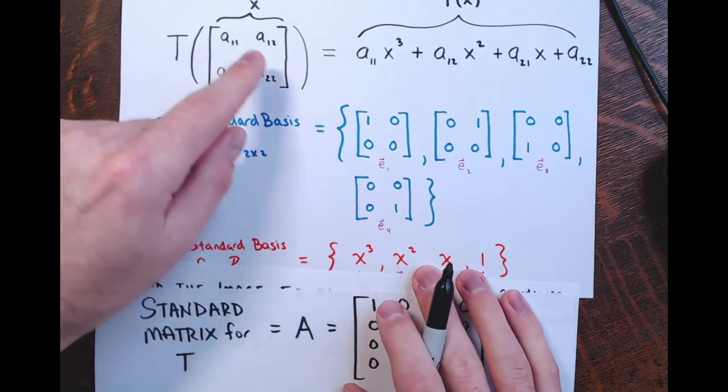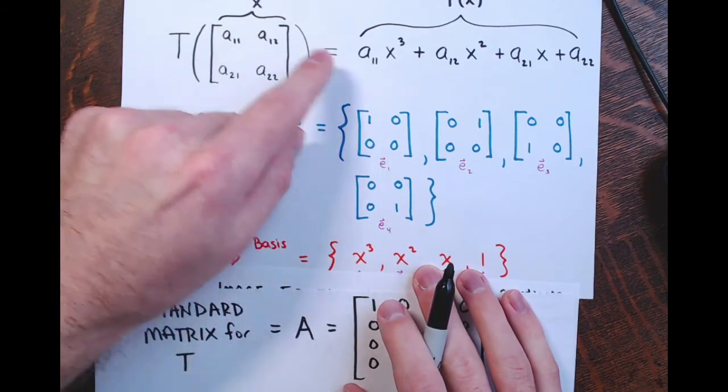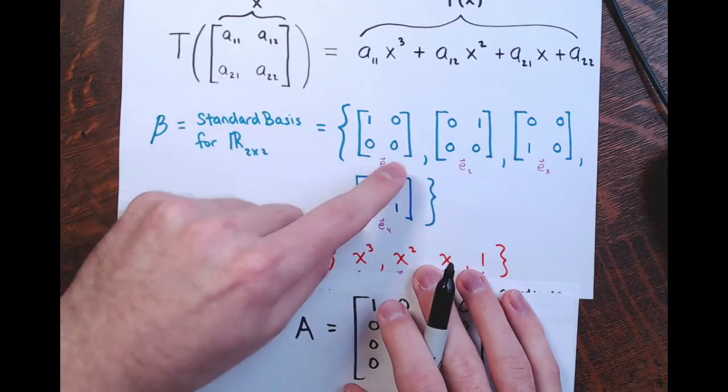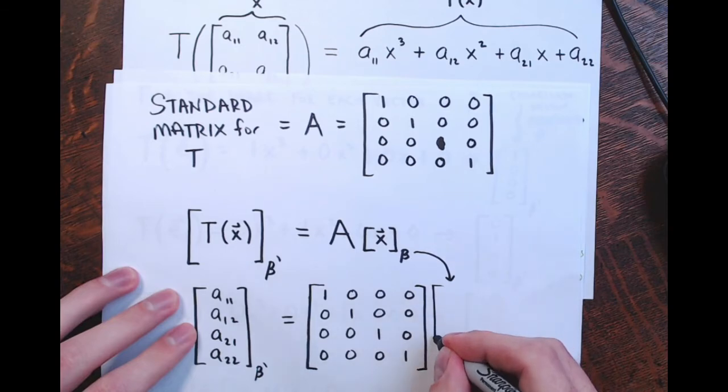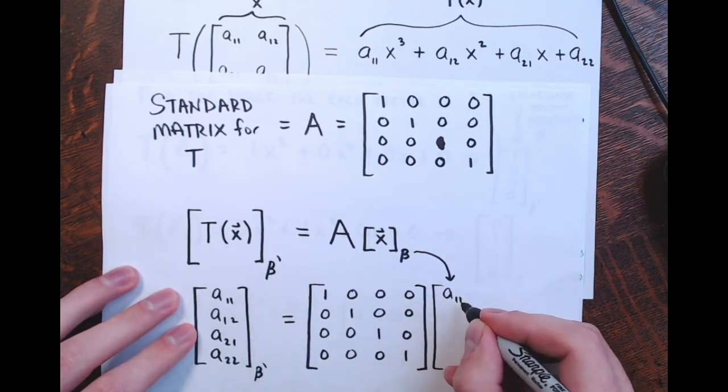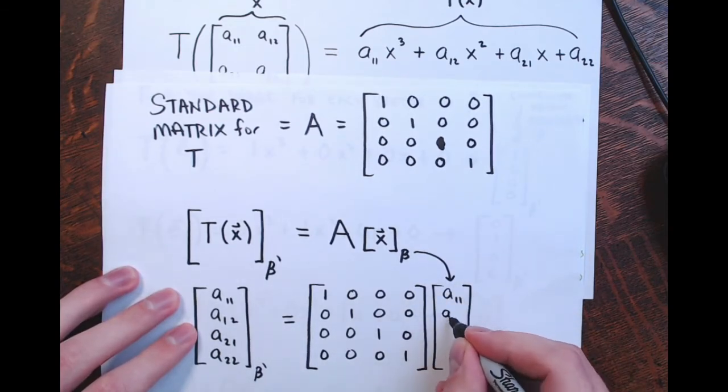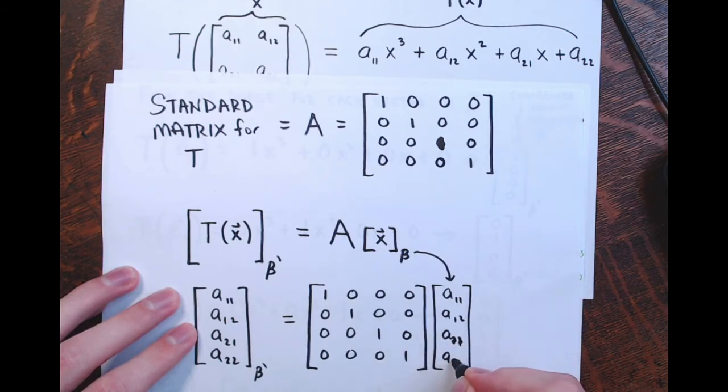So you have a11 times this first, a12 times this second, a21 times this third, a22 times this fourth. And that's what I'm getting here: a11, a12, a21, a22, and this is relative to B.